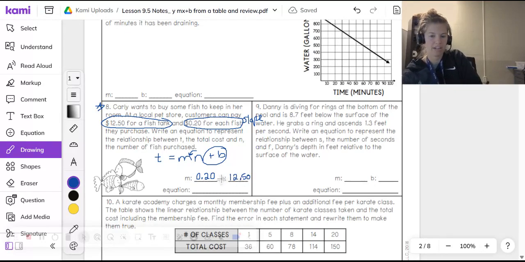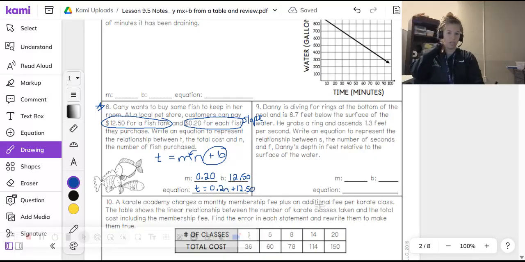That is your y-intercept. So that means your equation is t equals 0.2n plus 12.50, and that would be your equation there. Again, t and n are just y and x. You can use different variables based on the situations that you have.